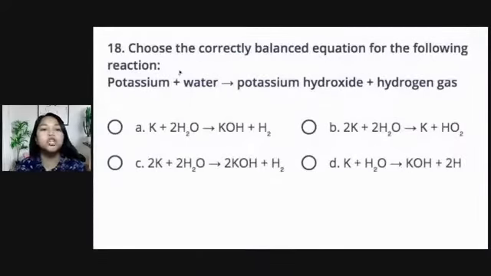Number 18, choose the correctly balanced equation for the following reaction. You have potassium plus water, giving you potassium hydroxide plus hydrogen gas. What's the answer? Okay, what do you think is the correct choice for number 18?